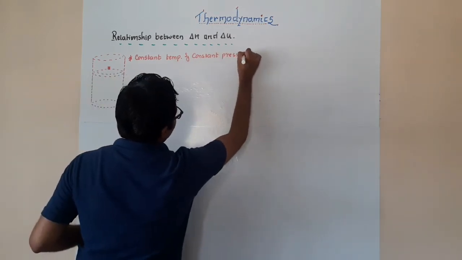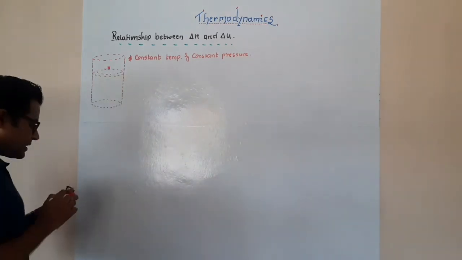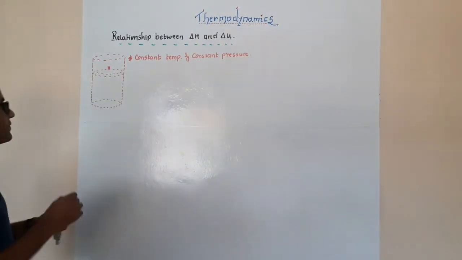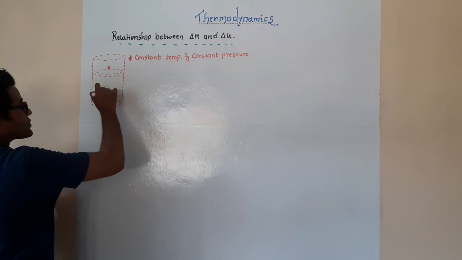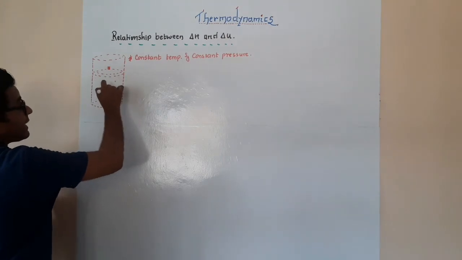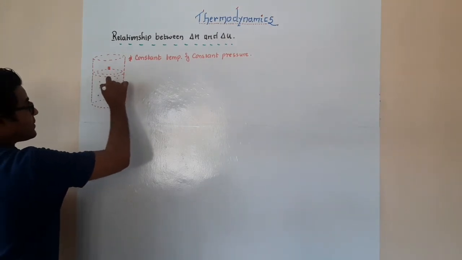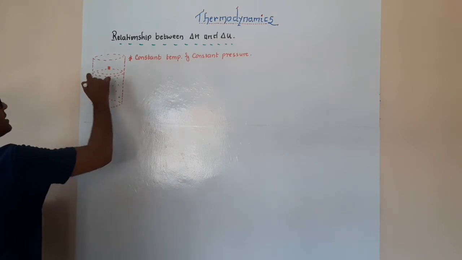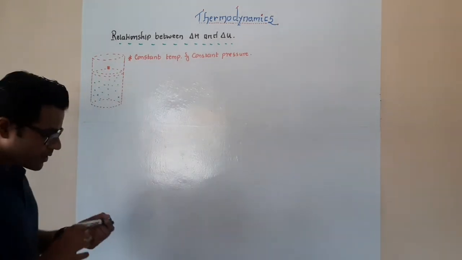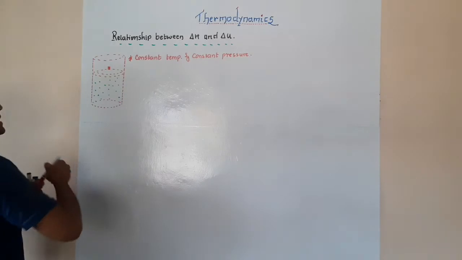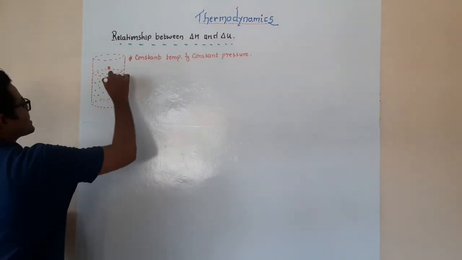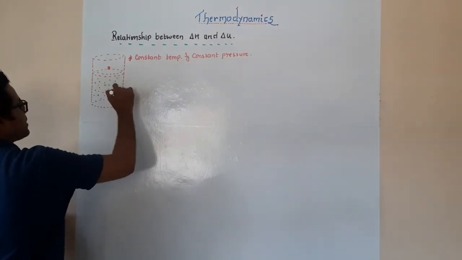Alright. So at this particular condition, let's say that we have two types of gaseous reactants inside. Now I'm saying reactants over here, that means these gases are going to react. Okay. So let's say that these are the two gases which are going to react.